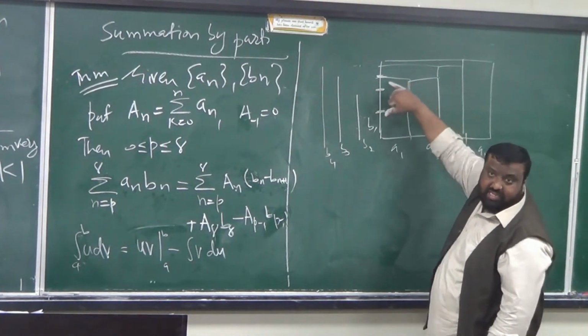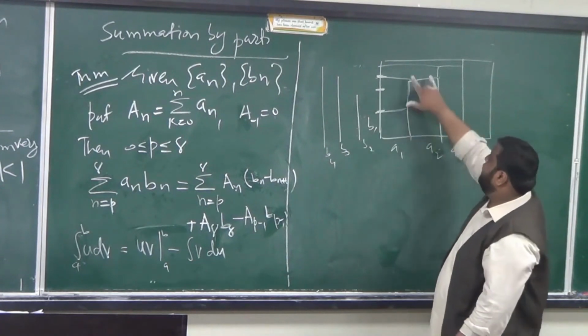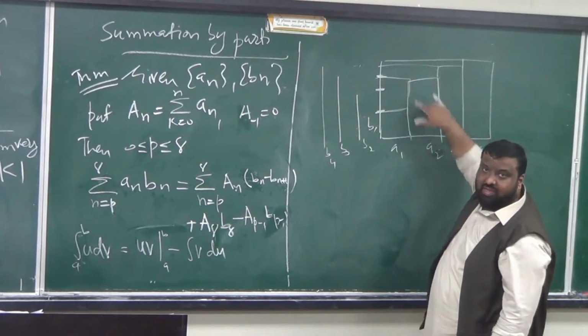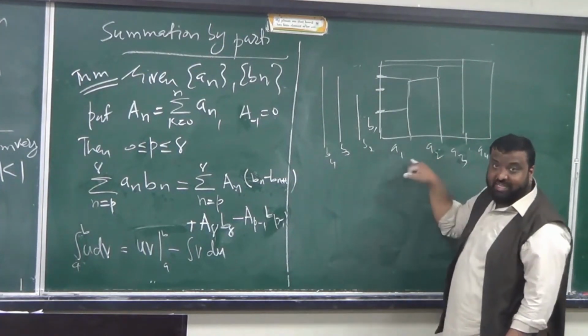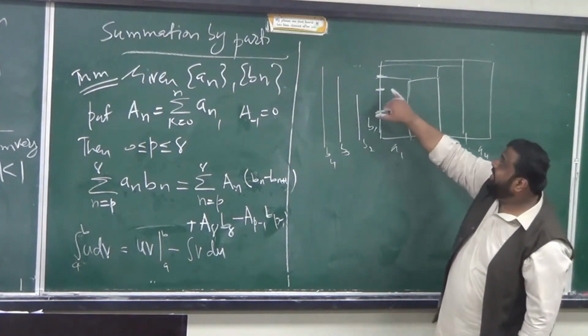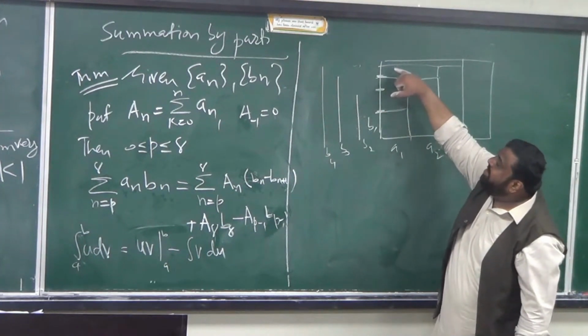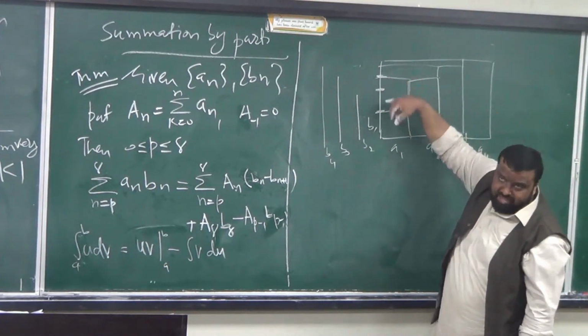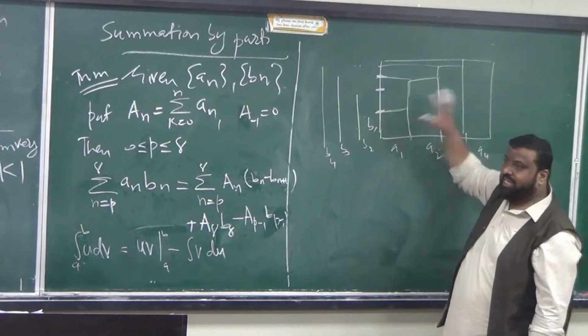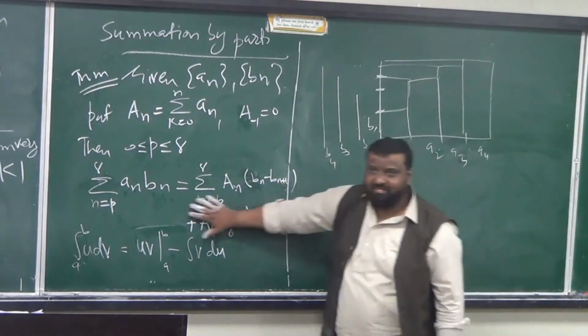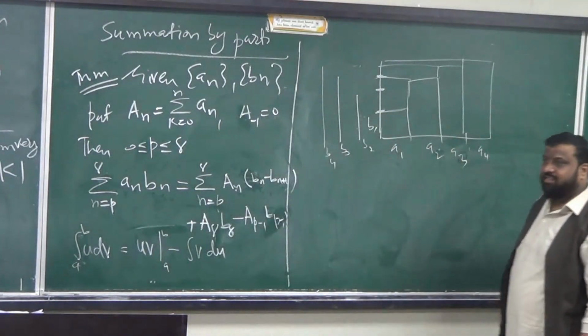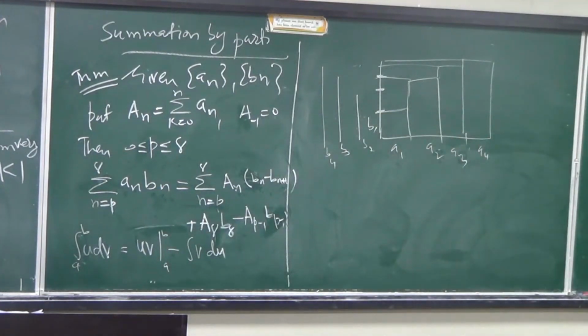And this part is what? A1 plus A2 multiplied by B3 minus B2, and so on and so forth. So you are saying that essentially, if you see this geometrically, it is presented beautifully. This is called the summation method.